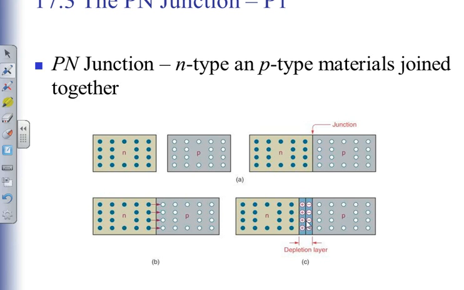It's the size of that depletion area that decides whether I can pass current or not. The negative charge on the N-type material is causing a positive charge in the depletion area, and the positive charge is causing a negative charge in the depletion area.